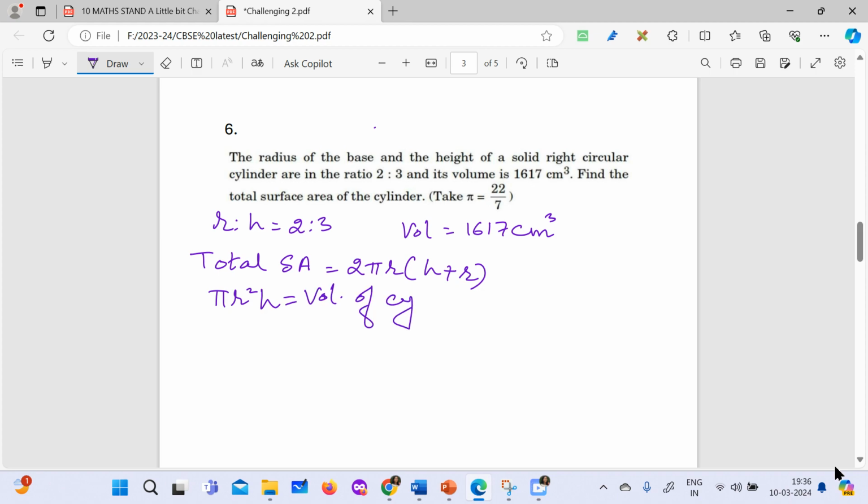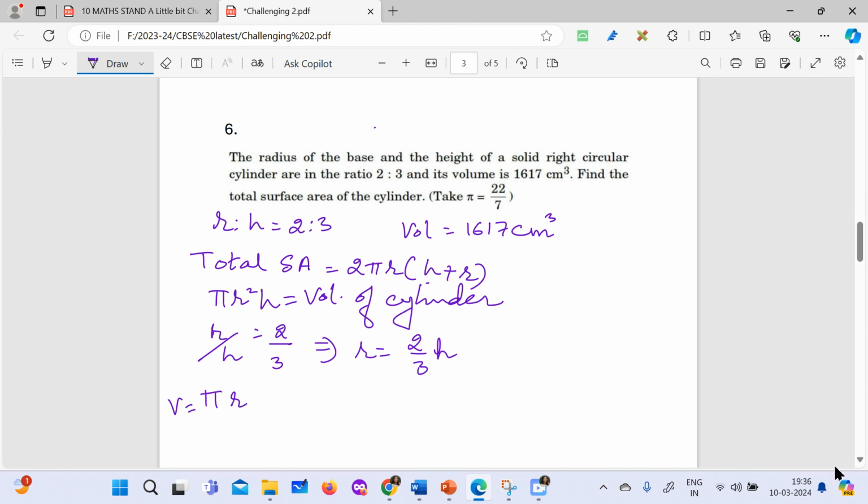Let's see how we can find it with the given values. Here we have R is to H, that is 2 is to 3. So we can write it as R over H, which is 2 upon 3. That will give us the value of R as 2 over 3 times H.